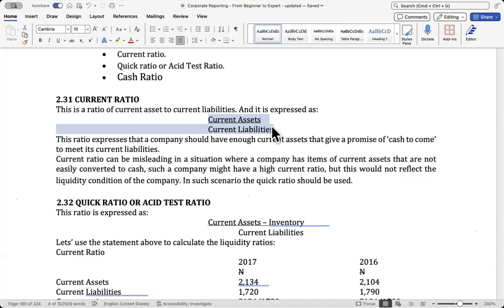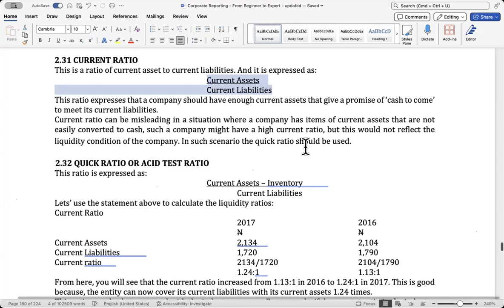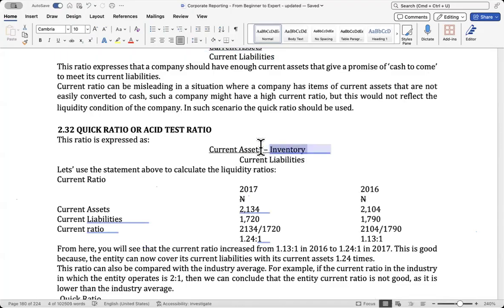Another one is quick ratio. Quick ratio is similar to current ratio, just that this focuses more on highly short-term current assets, or the liquid assets themselves. It does this by removing inventory from our current assets so that we are left with the assets we believe are liquid.